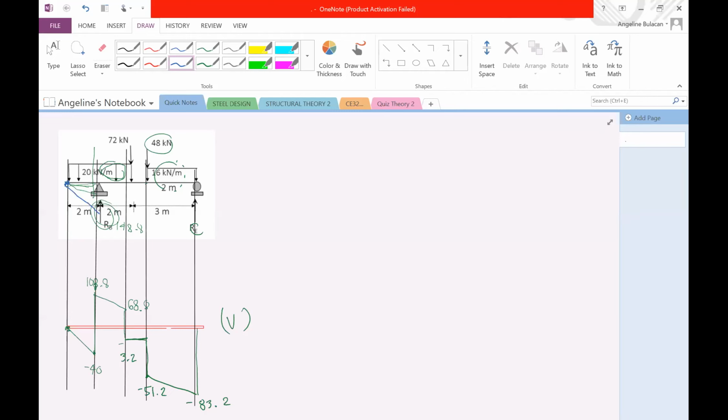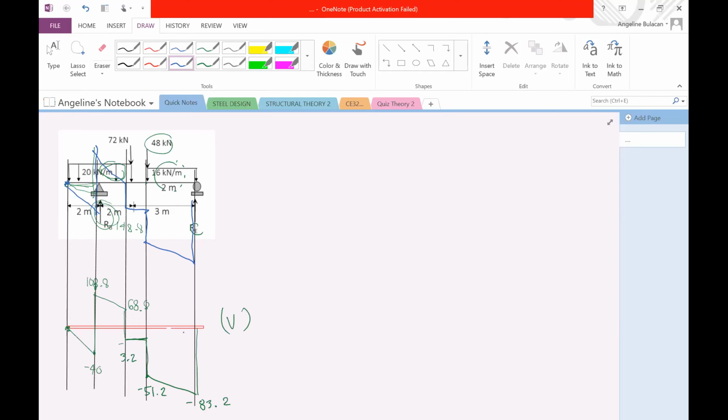Yun. Tapos biglang akyat dahil sa 148.8. Tapos baba ulit. Tapos abrupt change dahil sa 72. Walang load, dire-diretso. Baba dahil sa 48. Gradual change dahil sa 16. Tapos akyat. Kung papansin nyo yung drawing ko, same sa drawing nito.